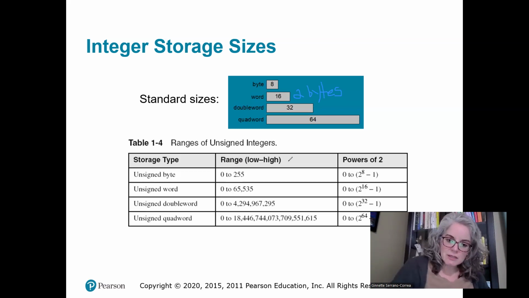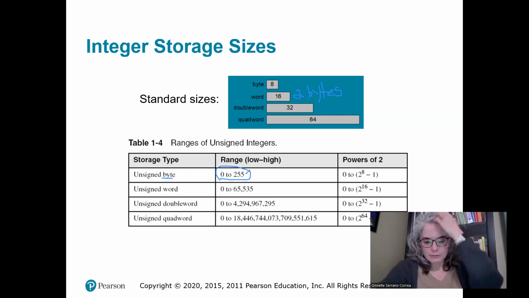These numbers that you see here are the range of unsigned decimal numbers that a byte can hold. So a byte, if it's unsigned, meaning positive, can hold the decimal number 0, 1, 2, 3, 4, 5, all the way to 255. Once you get to 256, it cannot hold it.